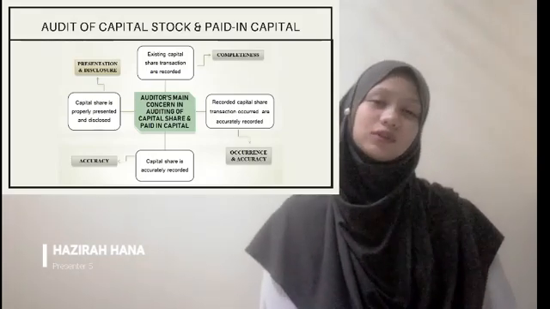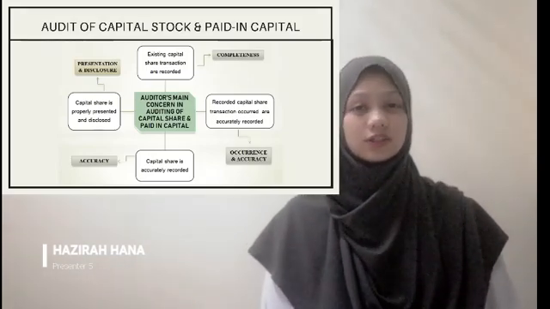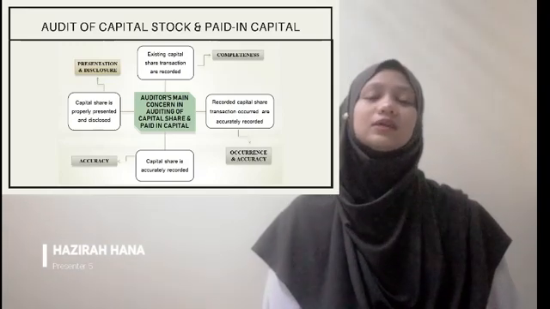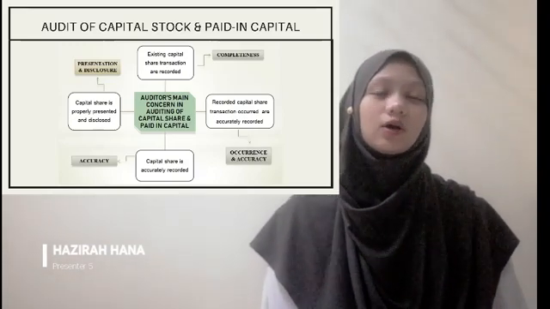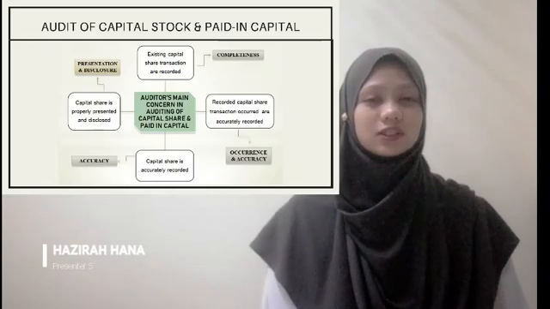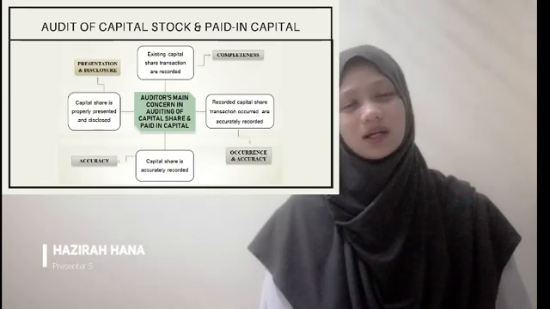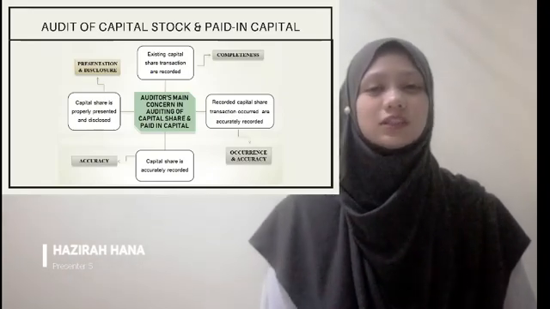The next one is the capital share is accurately recorded. This is related with the audit objective of accuracy. So the auditor can obtain the confirmation from the independent registrar and the transfer agent.